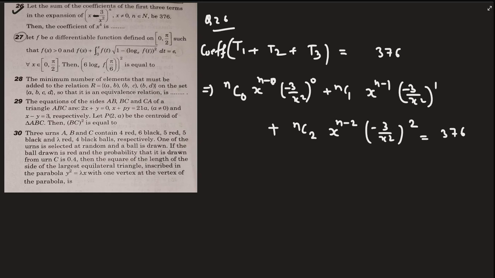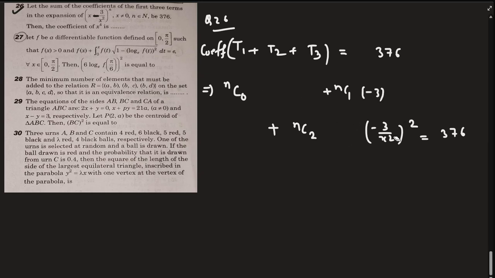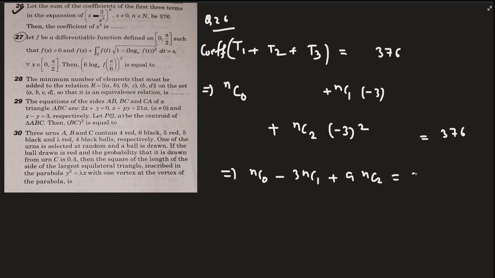So now, if you take the coefficients, nC0 is coming, but here minus 3 will come, and from the third term only 3 squared, that is 9, will come. So I want to say that nC0 minus 3 nC1 plus 9 nC2 is 376.